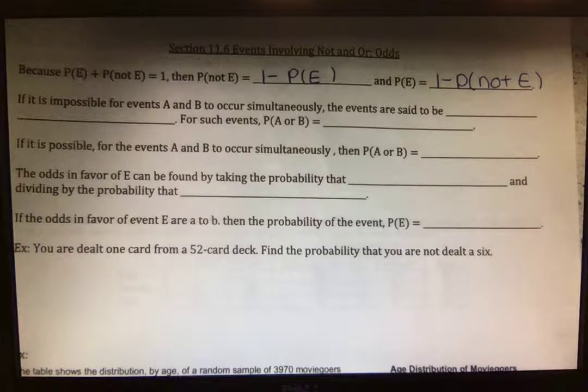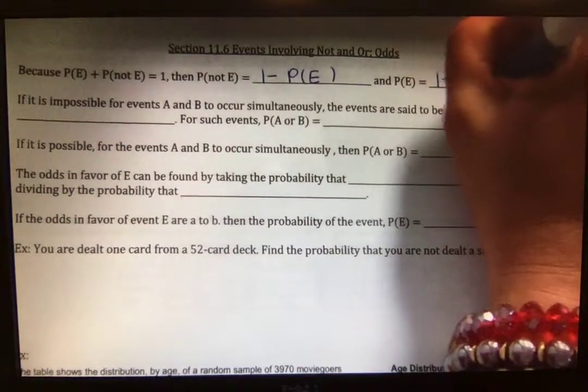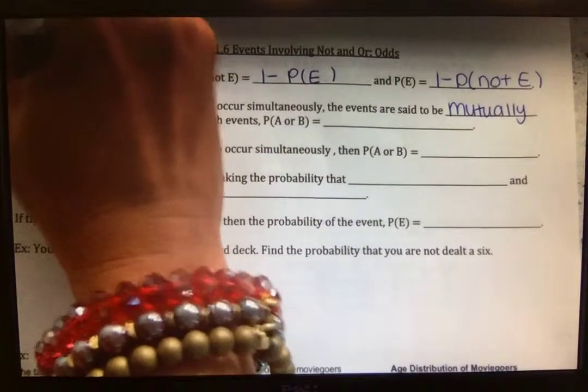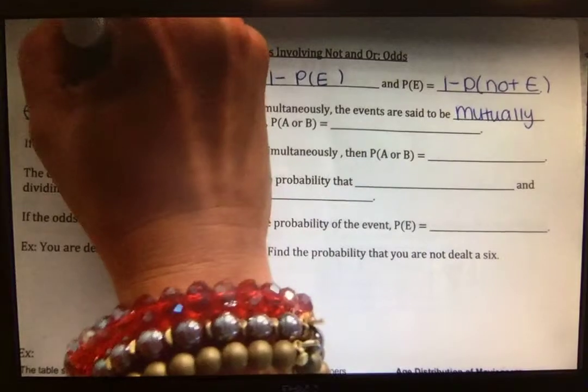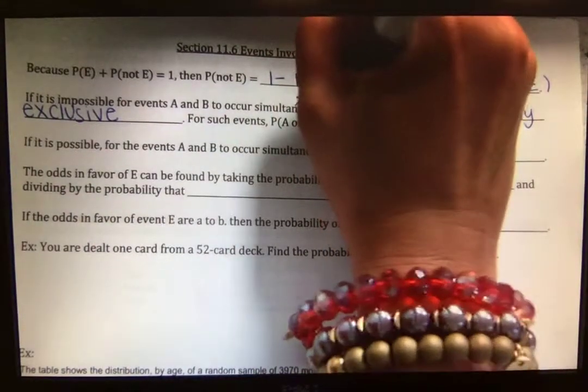So if it's impossible for events A and B to occur simultaneously, at the same time, the events are said to be mutually exclusive. Simultaneously means at the same time.